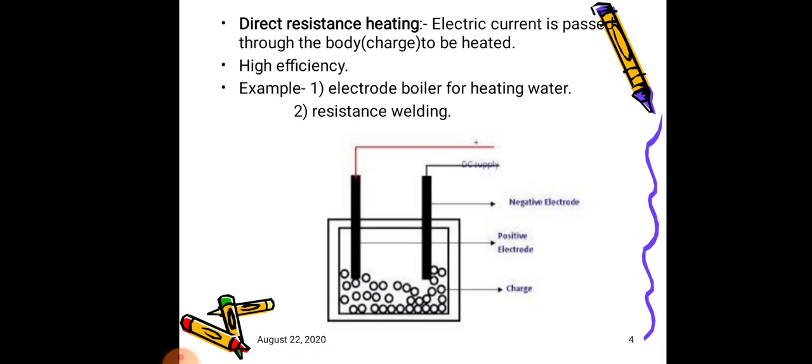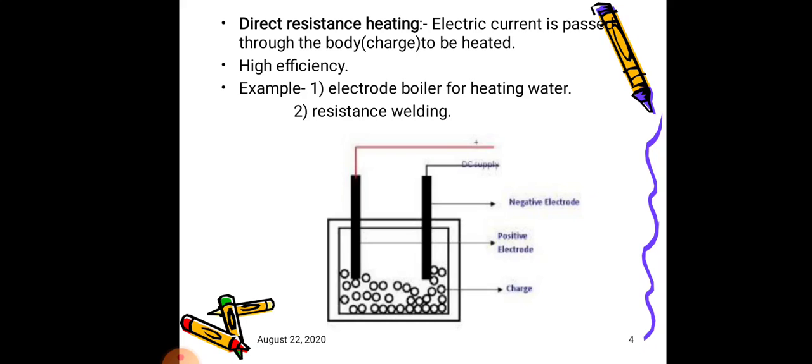One is the positive electrode and second is negative electrode, and DC power supply given to the electrode, and the body or charge which is to be heated is placed in this chamber. In case of DC or single phase AC supply, two electrodes will be required, while in case of three phase supply, three electrodes will be used.